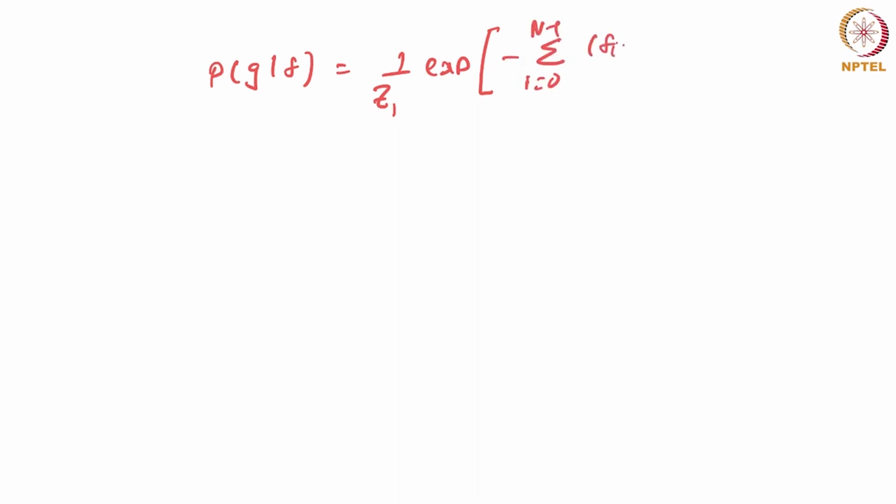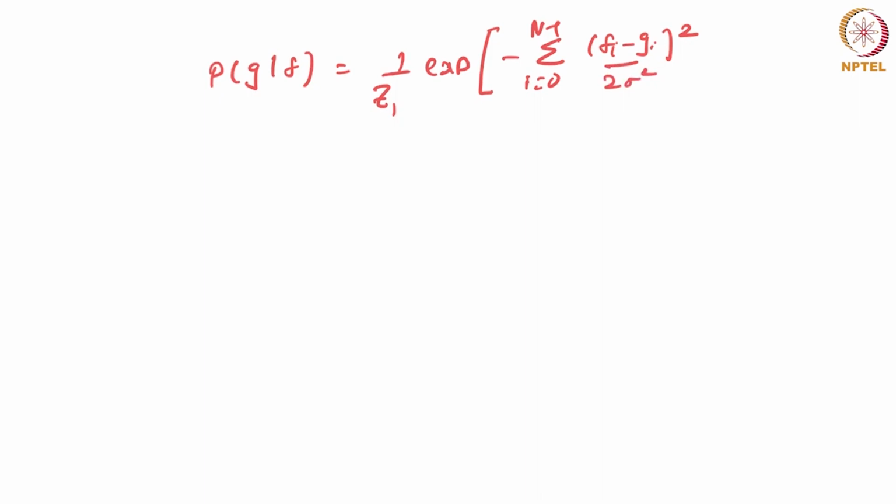If we write it down in terms of individual pixel values, the probability of observing G given F is the true image can be written as some normalizing constant times the exponential of minus the sum over all the pixels, i equal to 0 to n minus 1, of (Fi minus Gi) raised to 2, by 2 sigma squared.